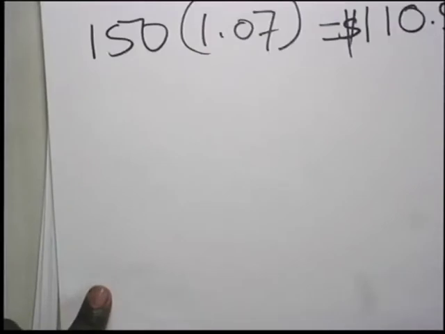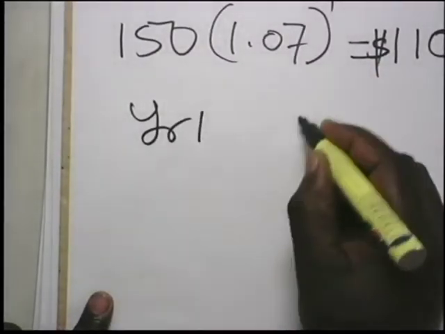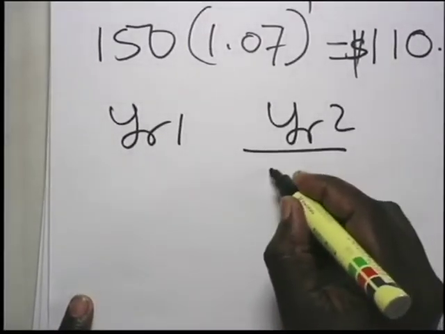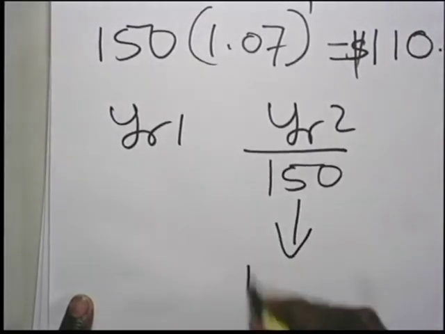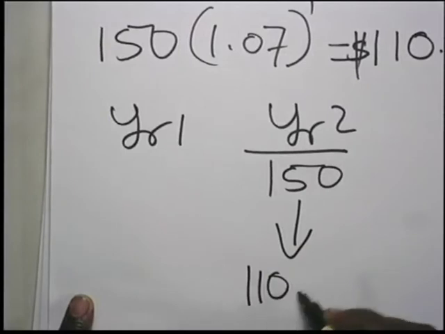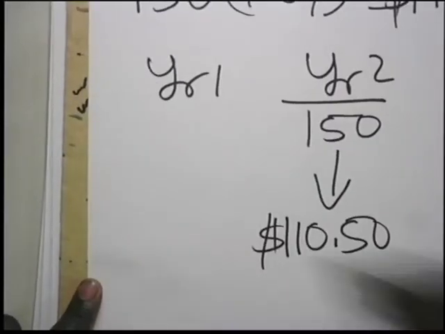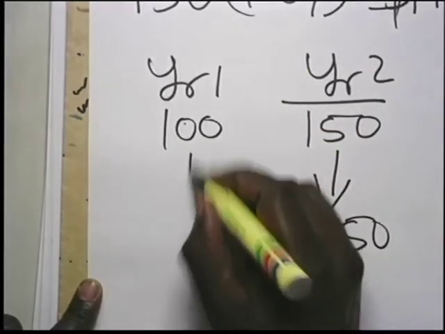Now, if we go back to our investment of saying we've got year 1 and year 2, okay? This 150 invested in year 2, we have said it will translate to 110 to the power 0.50 cents. And this one will translate to the $100 here invested for 2 years, okay?